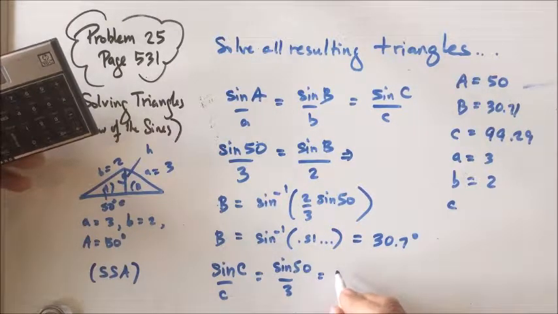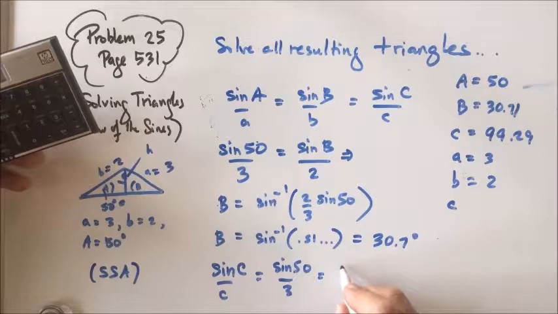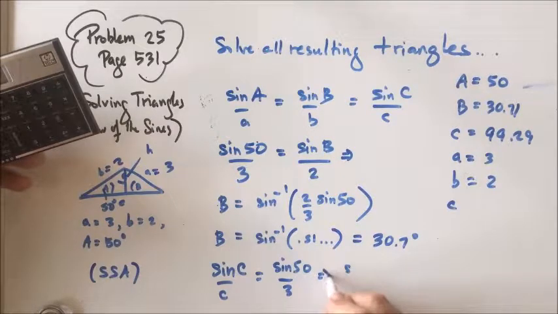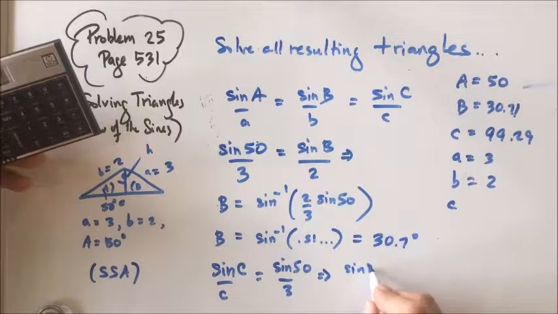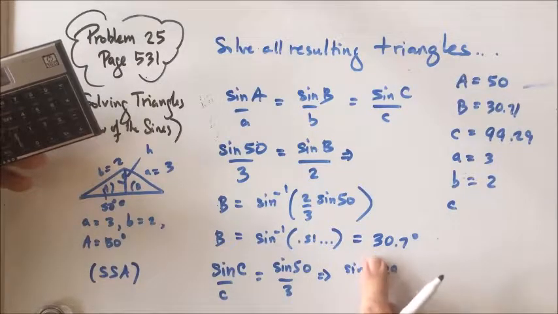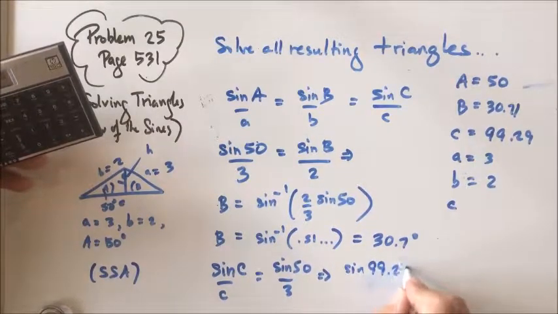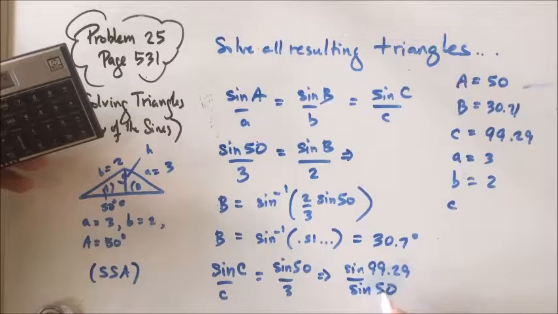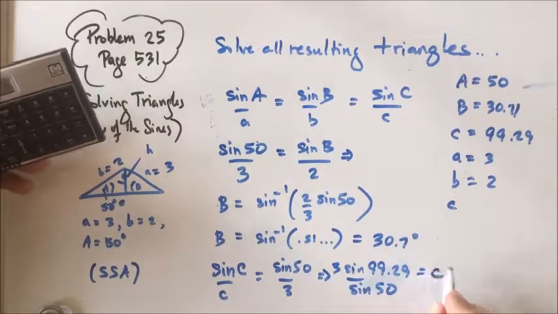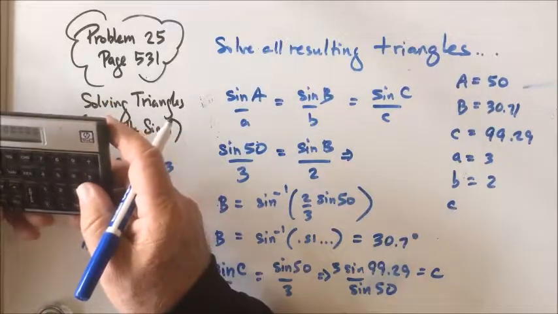So that's going to turn into C equals 3 times the sine of 99.29 divided by the sine of 50. If I can do this, we can call it good.